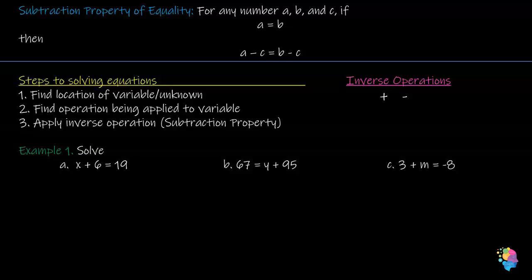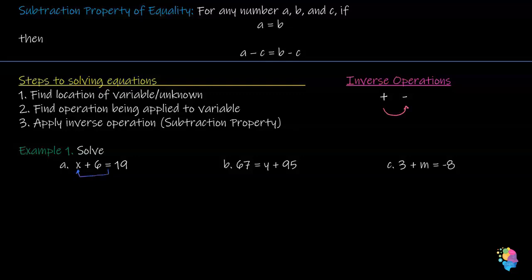What does that mean? In an inverse operation, it states that if something is being added, we can do the inverse, and that will be subtracting. So then let's begin. First, we find the location of the variable. In this case, if I take the equal sign, x is on the left side of the equal sign.